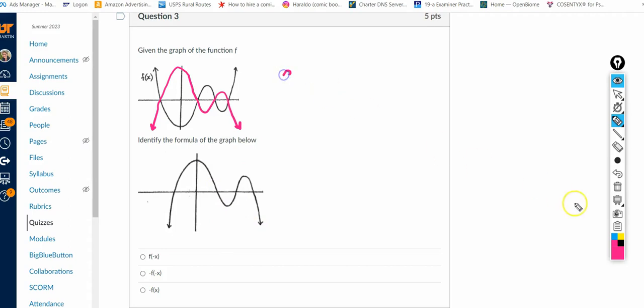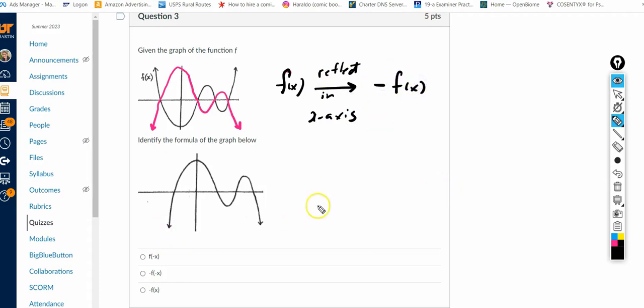So if you start with f of x and you reflect in x, then from the chart, that's going to give you negative f of x. So again, it comes from knowing the chart. So this is the one we want.